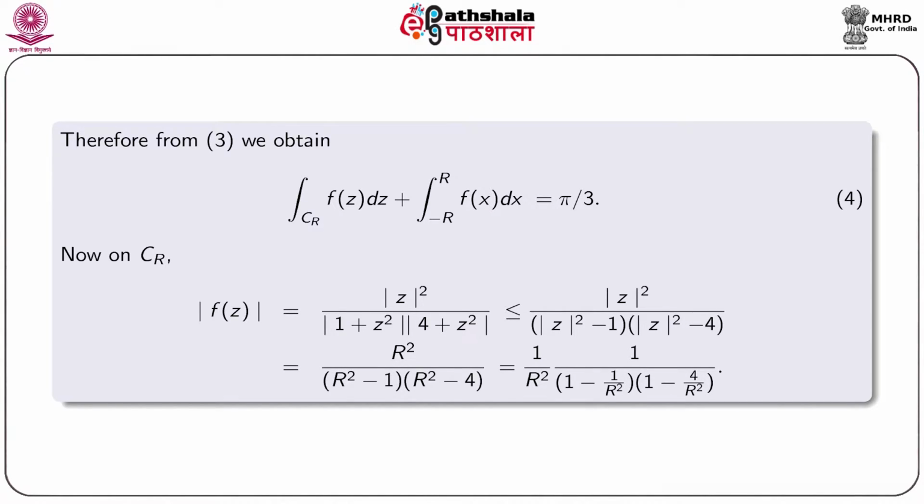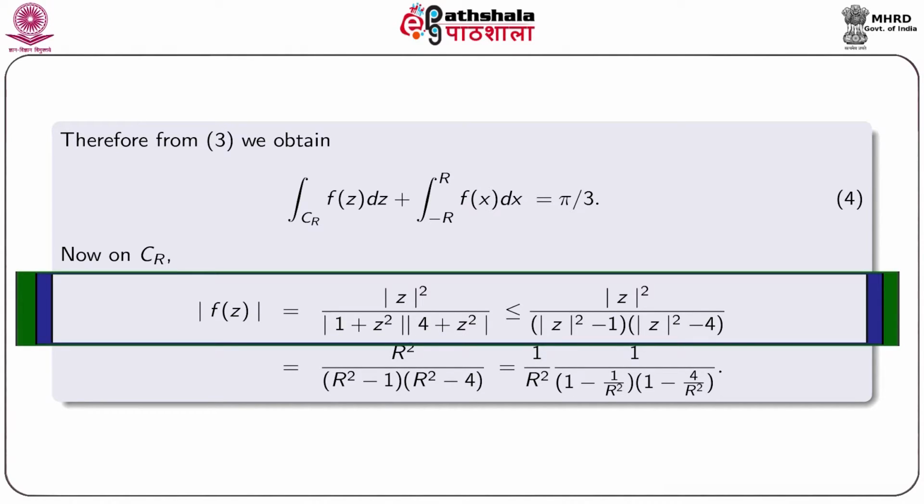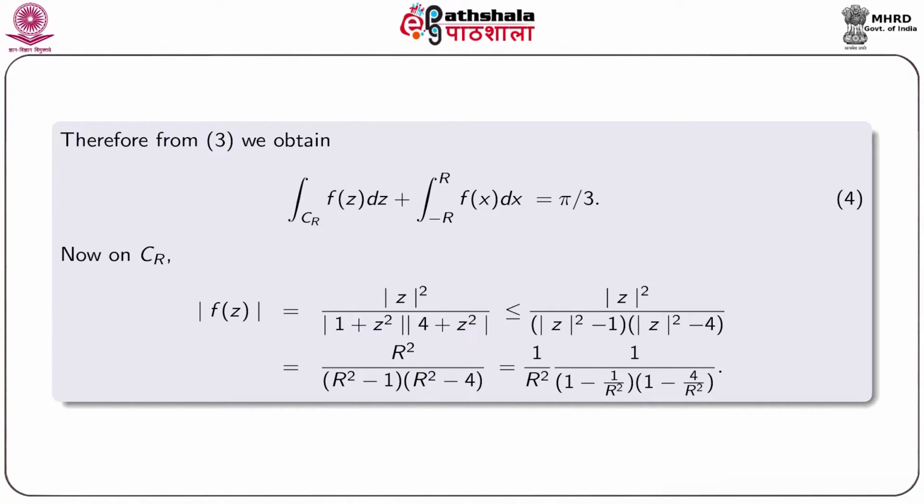Now on C_R, |f(z)| = |z|² / (|1 + z²| |4 + z²|), which is less or equal to |z|² / ((|z|² − 1)(|z|² − 4)), which is equal to R² / ((R² − 1)(R² − 4)), and that is equal to 1/R² times 1 / ((1 − 1/R²)(1 − 4/R²)).